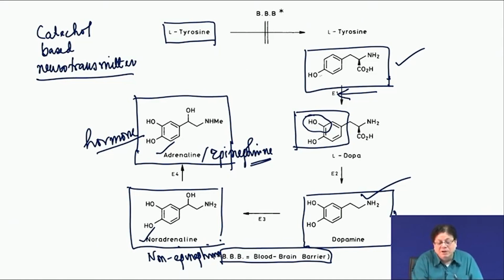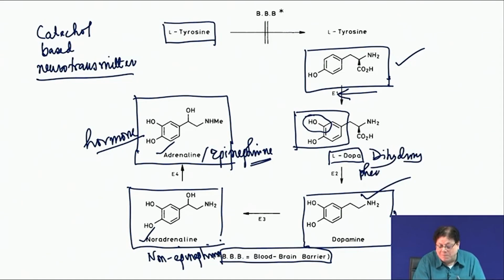See, tyrosine you can call hydroxyphenylalanine, and this will be dihydroxyphenylalanine. Okay. So, that is what is abbreviated as L-DOPA, that means dihydroxyphenylalanine, L-DOPA.